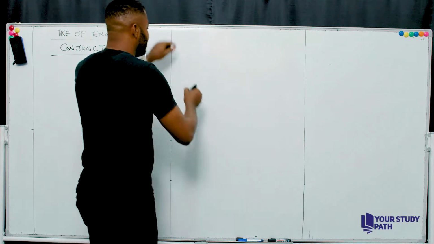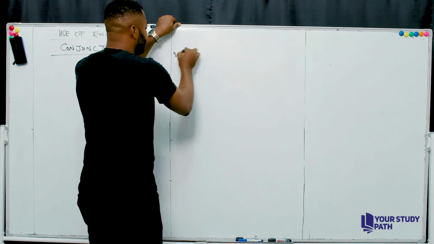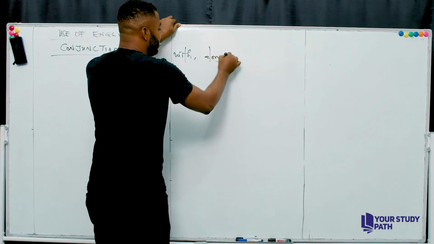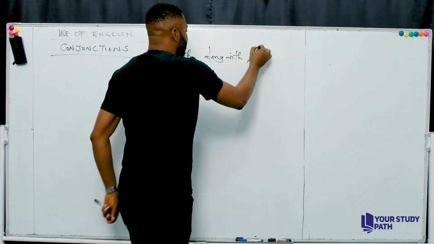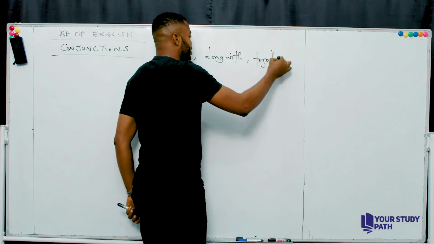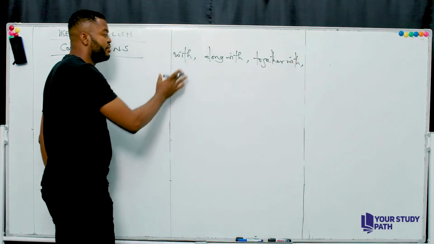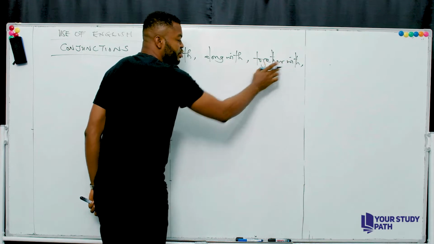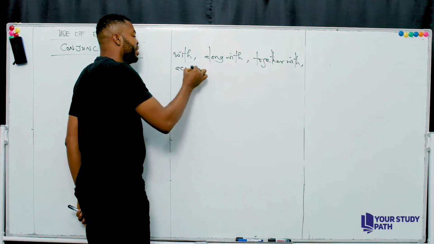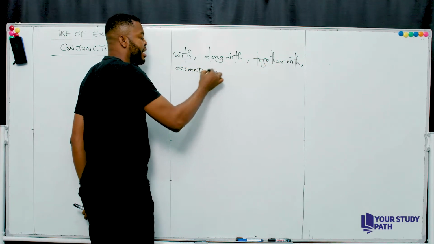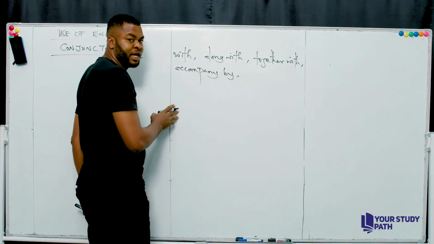Examples are when you have a word like with, along with, okay, you have together with. Can you see? So you have with, along with, together with, accompanied by. Are you with me now?